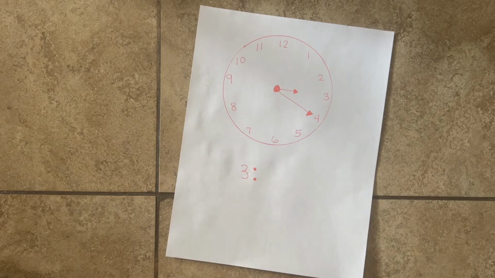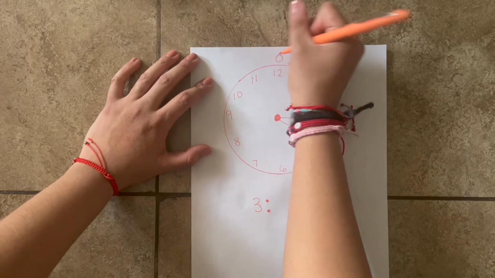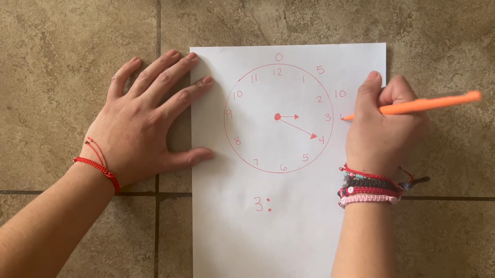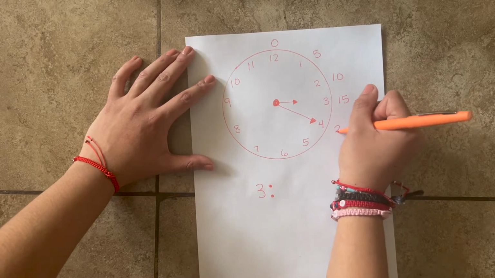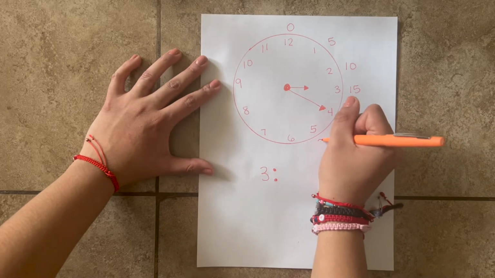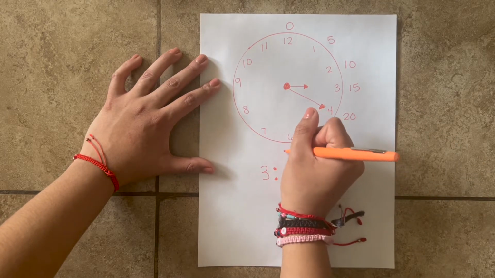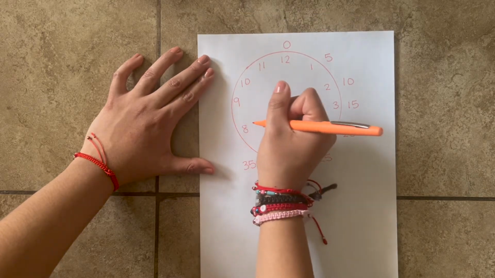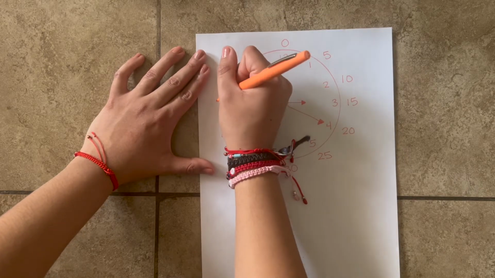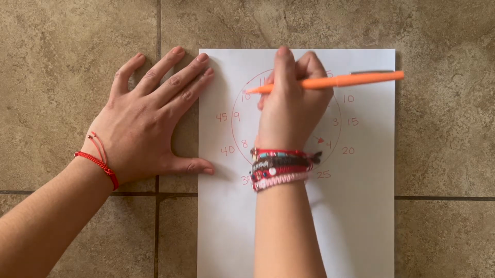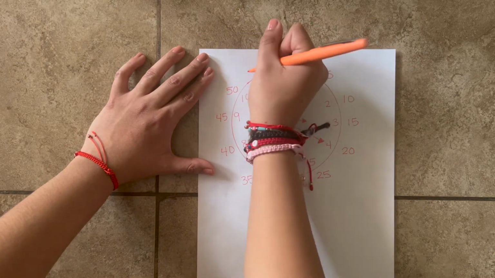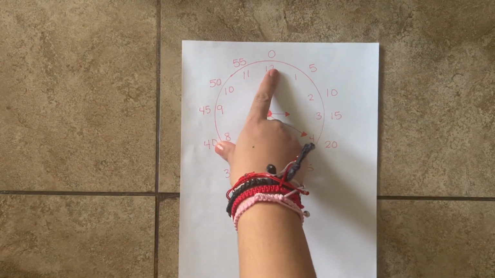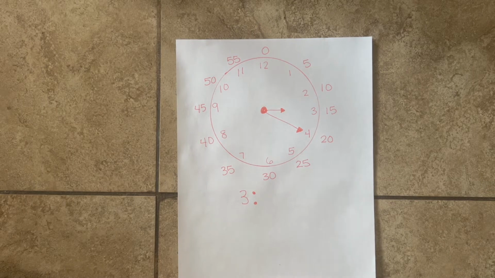So, starting at 12, this is 0 minutes, 1 is 5 minutes, 2 is 10 minutes, 3 is 15, 4 is 20, 5 is 25, 6 is 30, 7 is 35, 8 is 40, 9 is 45, 10 is 50, and 11 is 55. Now, we restart at 0 because there are only 60 minutes in 1 hour.